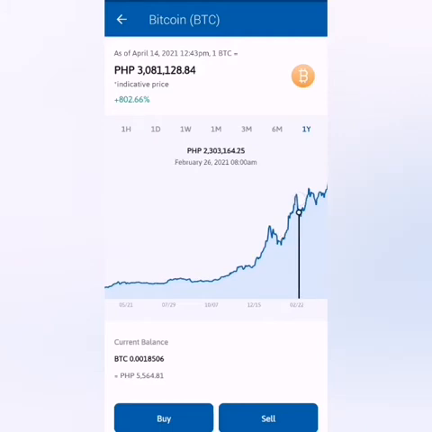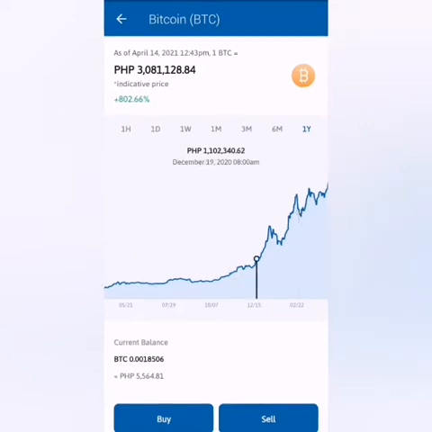Now, as I've mentioned earlier, you have to do your research. So you have to read other info about your particular coin. For example, with Bitcoin, you have to read crypto news because of certain movements or certain news about Bitcoin.